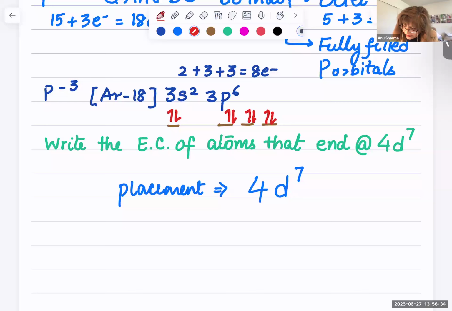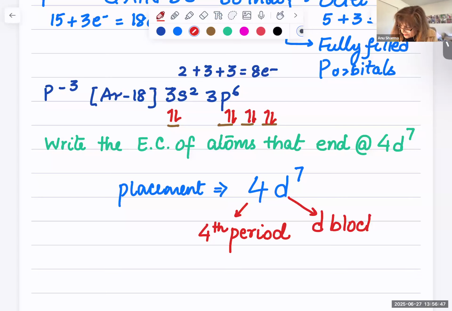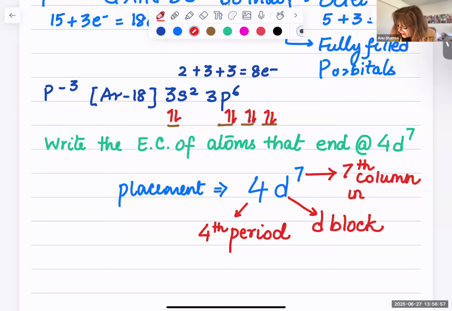So this means the fourth period, D block, the element that is in the fourth period, D block, and is in the seventh column of the D block. Okay, so identify that one.